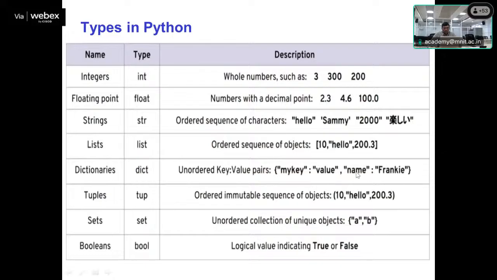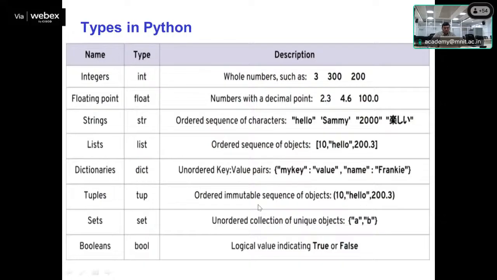So name is the key, and with this key, Frankie is the associated value. Similarly, we have the tuple data type, which is an ordered immutable sequence of objects, which can also contain different types of values, maybe characters, maybe strings, maybe floating numbers.